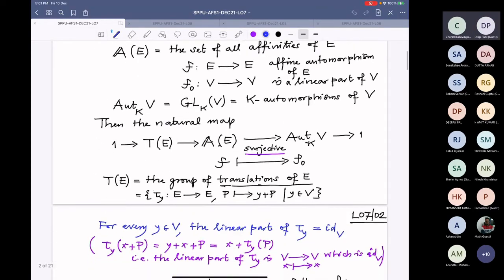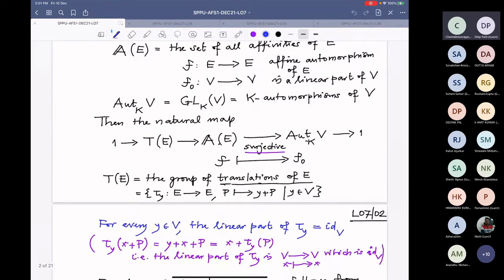All right. So what is this natural map? This natural map sends F to F0. Makes sense? Because F0 is uniquely determined by F, so this is indeed a map. Second, I am saying this map is surjective. What should I prove?